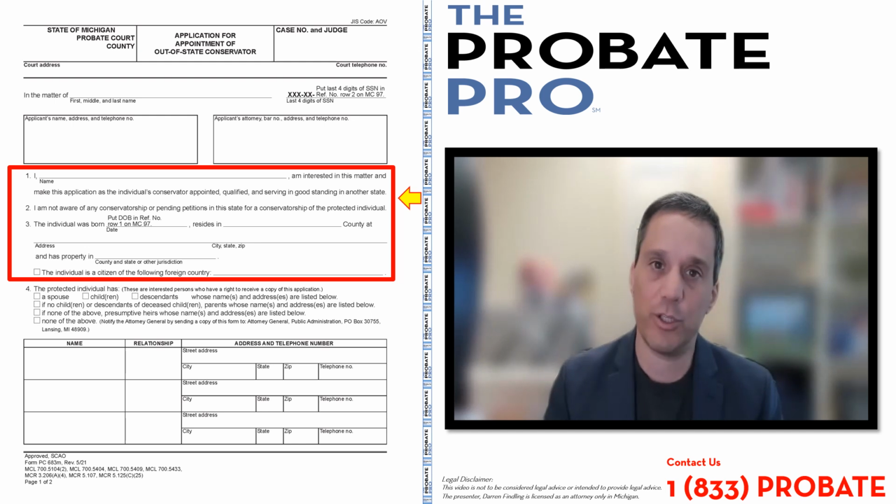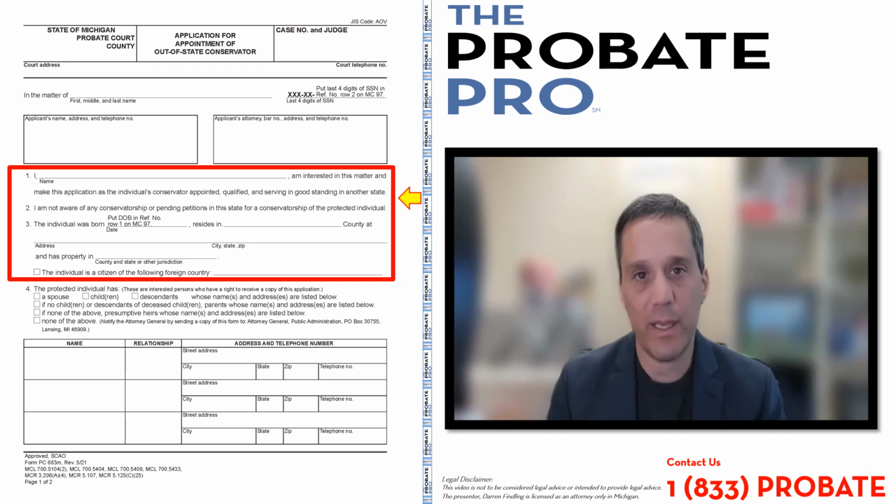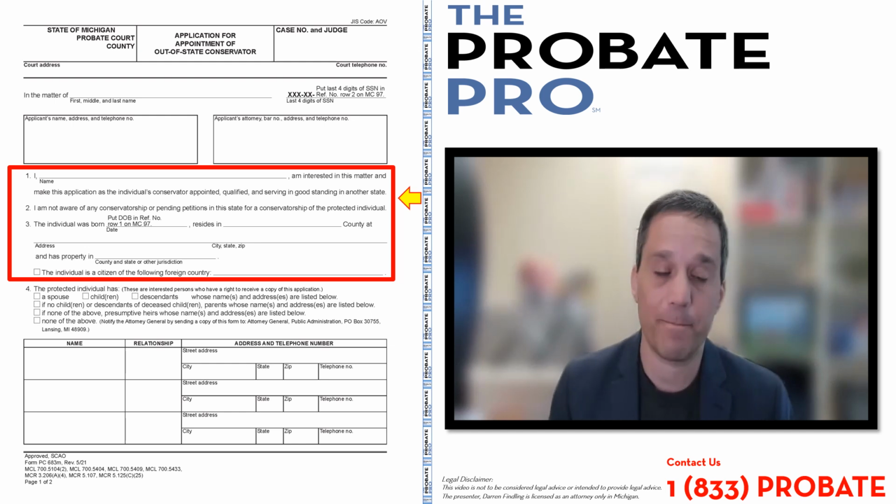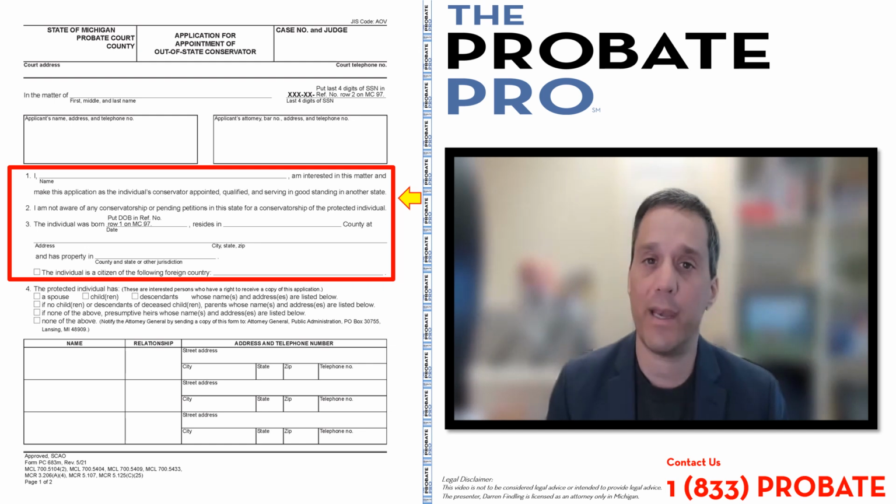So in this particular use case, the application is used when the person is already appointed the conservator or equivalent in another state and they're in good standing. Number 2, it says, I'm not aware of any conservatorship or pending matters within the state at the time of the filing of this application. 3, the individual was born.